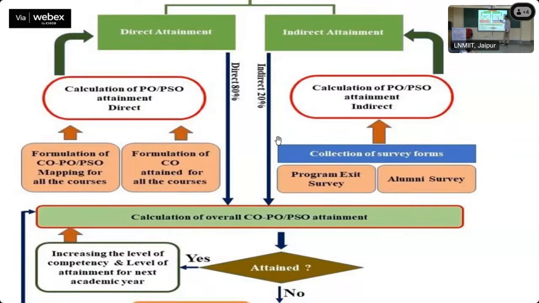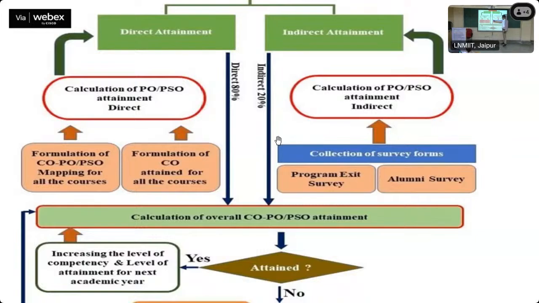Indirect attainment comes from the stakeholders: student exit survey, alumni survey or employer survey. We need to float some surveys, to see whether they are satisfied with the teaching learning adopted by us, and whether the students were able to get the knowledge, skill and attitude or not. That will come into the indirect attainment, right?